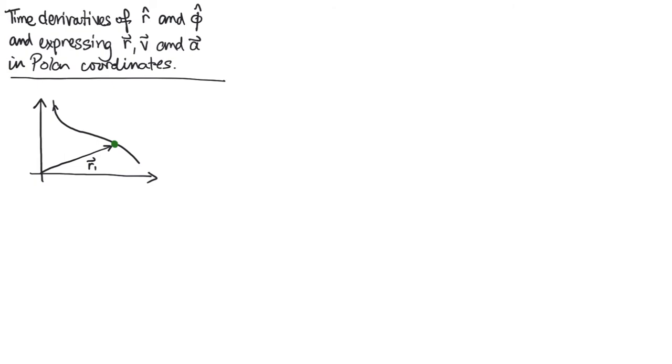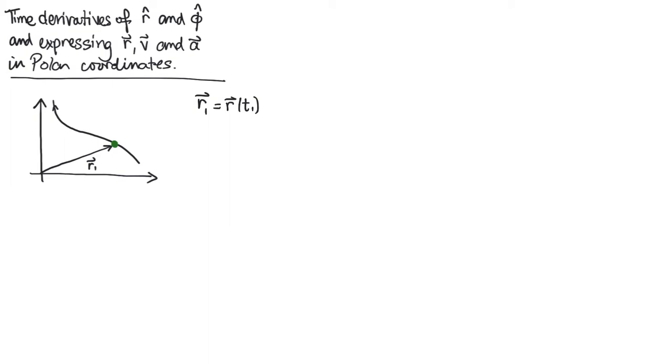Recall we can identify the trajectory of an object as a function of time and talk about the position vector to that object. And we have said before that we can write down the position vector, let's say r1, which in this case is the position at some time t1, and we can write that in terms of a distance from the origin and a unit vector.